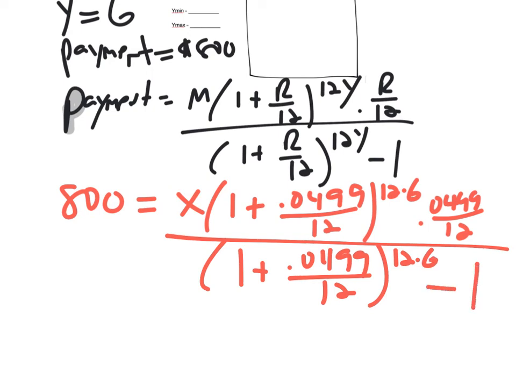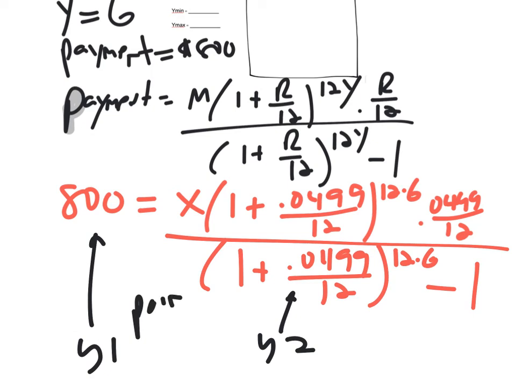And we're going to set up our calculator. The left-hand side is y1, the right-hand side is y2, and find the point of intersection.